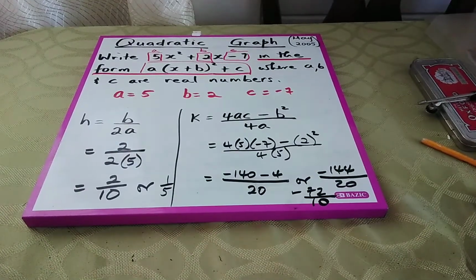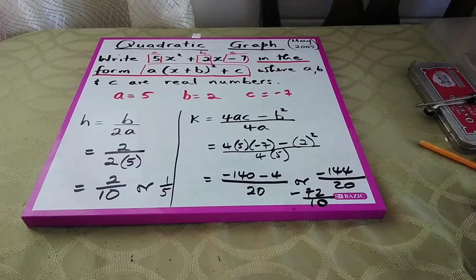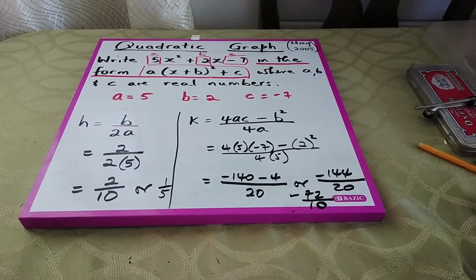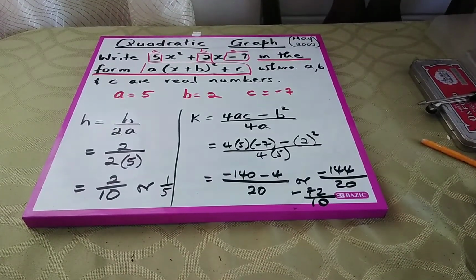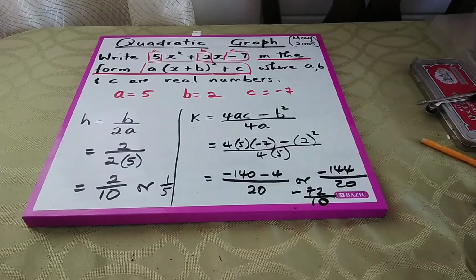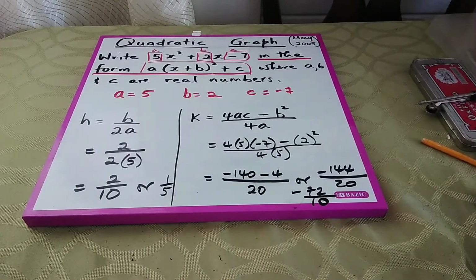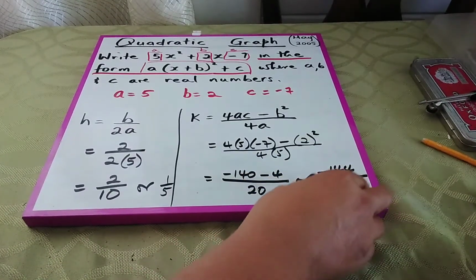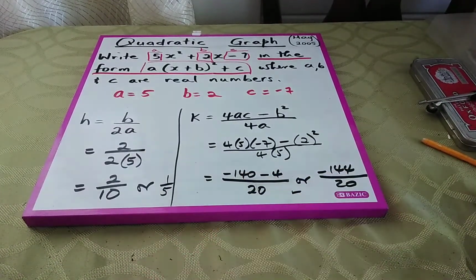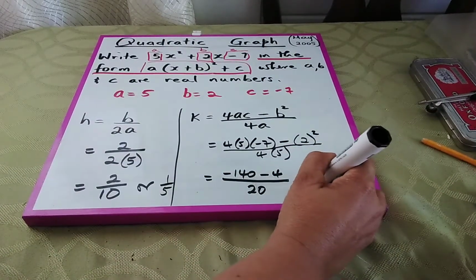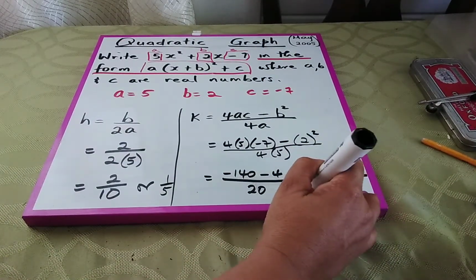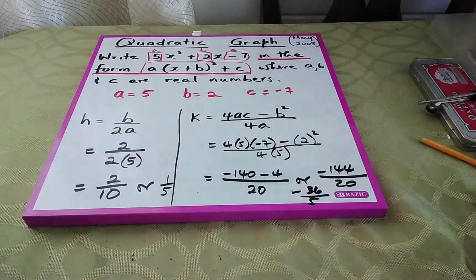Can it go any further? Yes, let me use a calculator. 4 can go into 144. Yes, that's 36. So 4 into 144 is 36, and 4 into 20 goes 5 times.